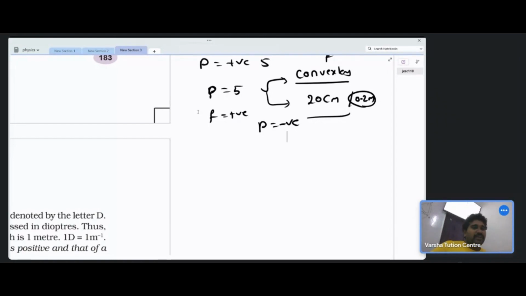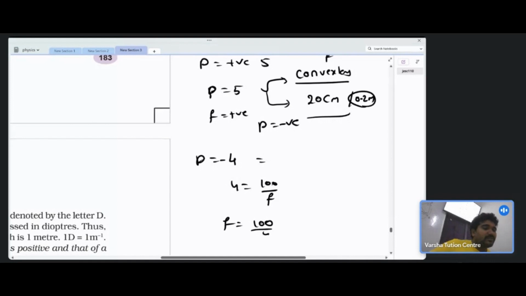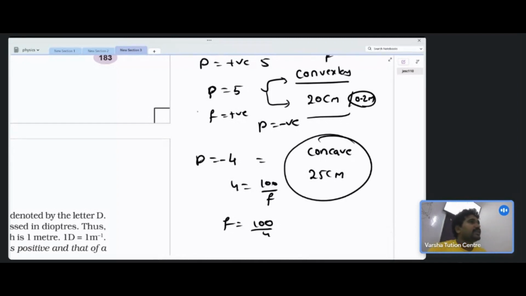For example, P is equal to minus 4. What you will write? Just take 4 is equal to 100 by F. Keep in mind you are going to get it in centimeters. So F is equal to 100 by 4, which is 25 centimeter. And that lens is a concave lens. Understood that thing now? Any confusion? No confusion.